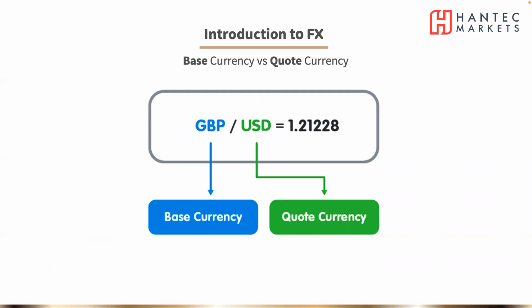That is what you will see. The numbers will always reflect the quote currency. So what we're seeing here is £1 is equal to 1.21 USD. Simple. The base currency in this example will always be one of that base currency versus the quote currency, which we see on the other side.